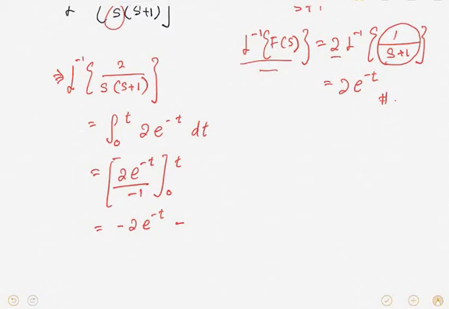So it's minus, so it's plus 2, because exponent 0 is 1. So you have negative, positive, negative, positive, so I have positive 2.